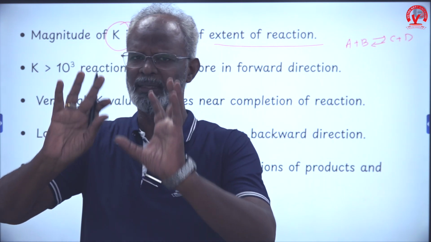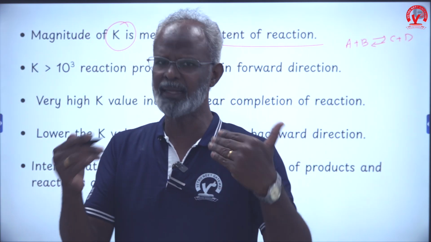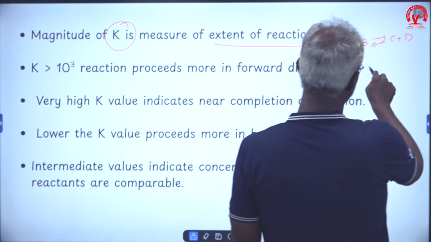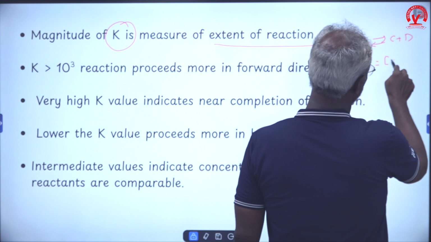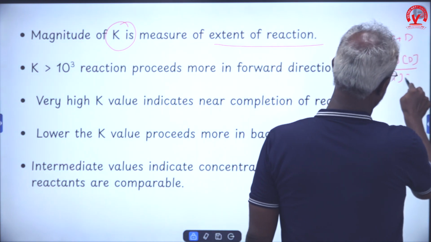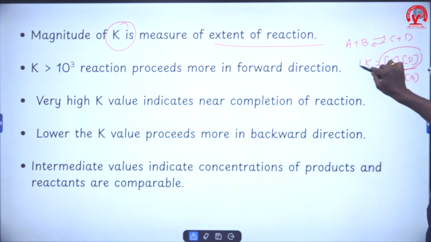So if the product concentration increases, K value increases. If the reactant concentration decreases, then also the K value increases. So K will be CD by AB for this reaction.